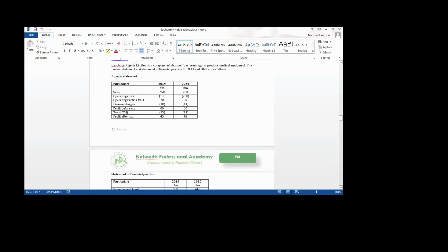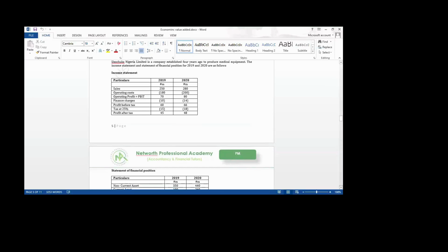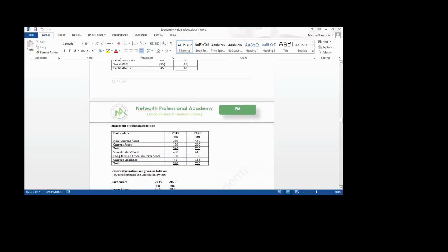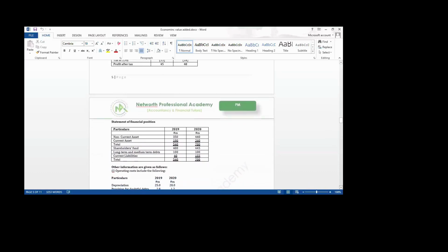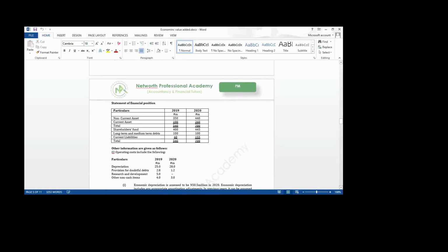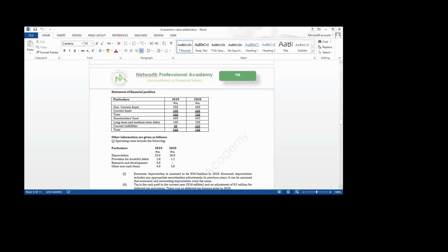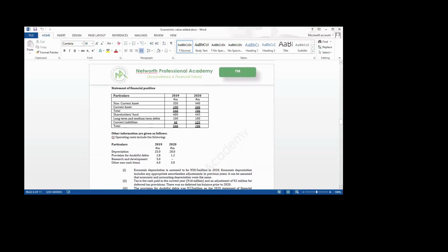You have the income statements. You have your profit after tax. You have your finance charges. You have your statement of financial position for 2019-2020.